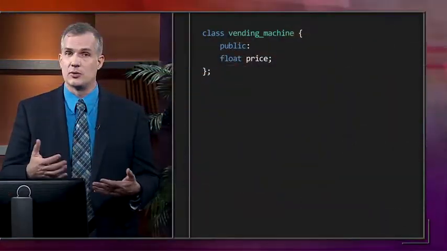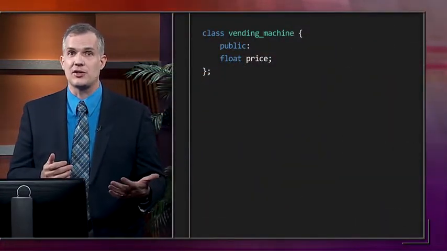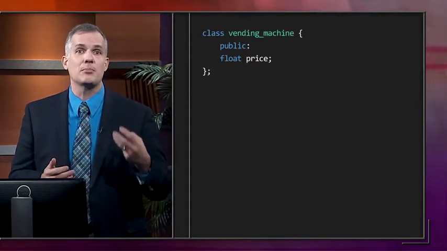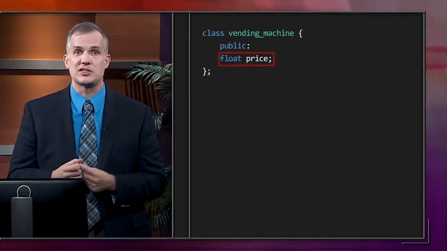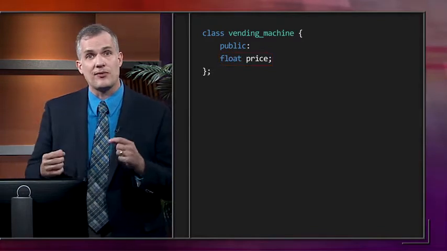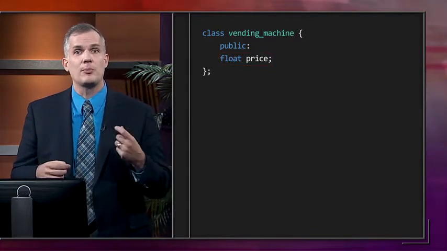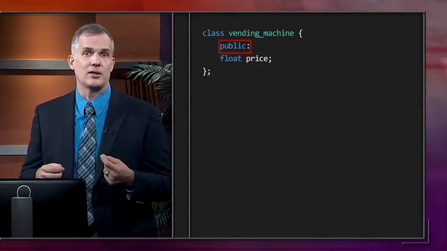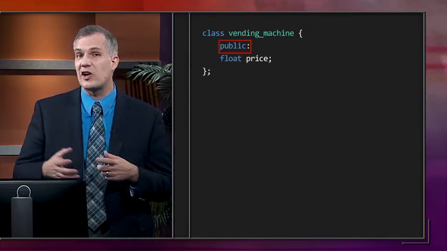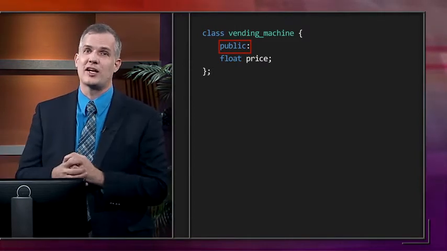For vending machines, one of the things that we wanted to store is the price of the item that the machine sells. So, inside of the class definition, we'll create a floating point member variable named price. Now, before we declare the member variable, we put the line public colon. And this just means that the member variable can be seen outside the class.